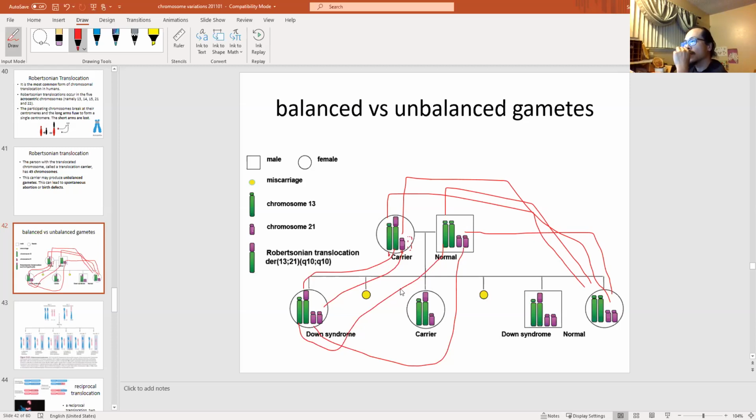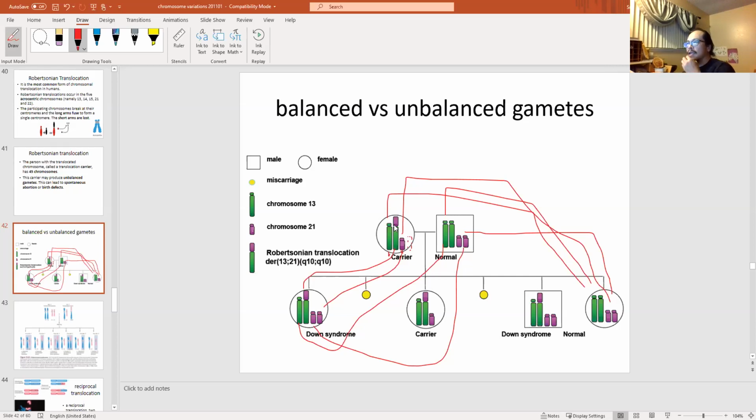You have 21 and 13. You have two long arms of the 21, even though you miss one short arm here, but that short arm really doesn't provide essential proteins. So the person may appear okay, but as a carrier.